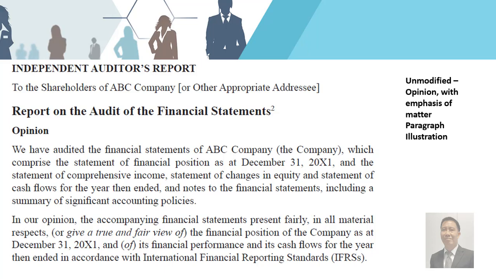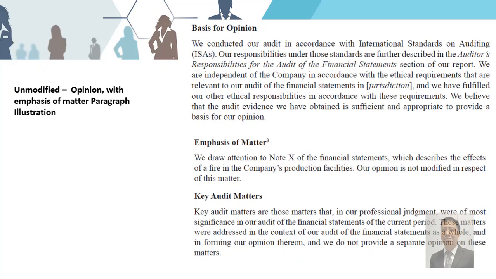Now you will notice the opinion is just the same as the unmodified and qualified ones. But the difference is that the audit report pertaining to an unmodified opinion doesn't have this particular paragraph. Here they will state the emphasis of matter paragraph.